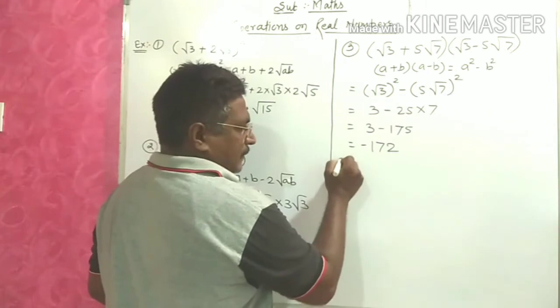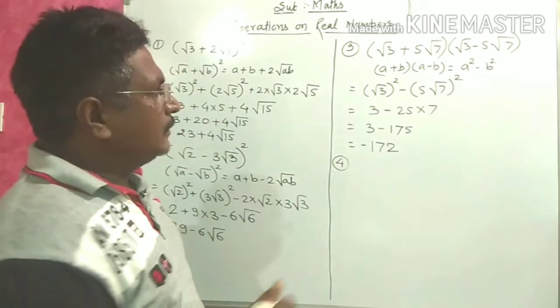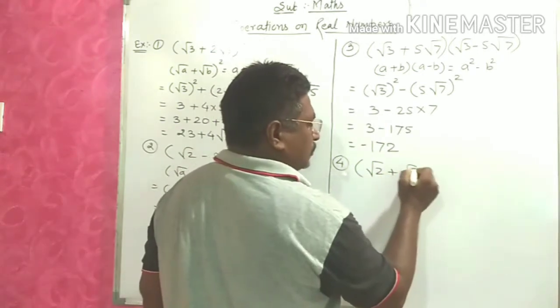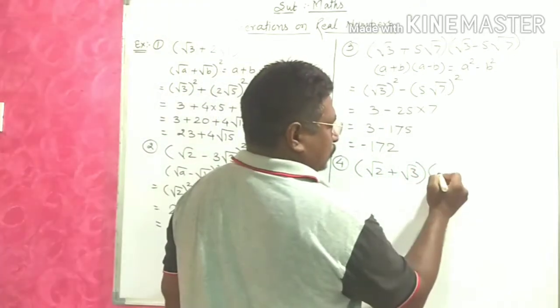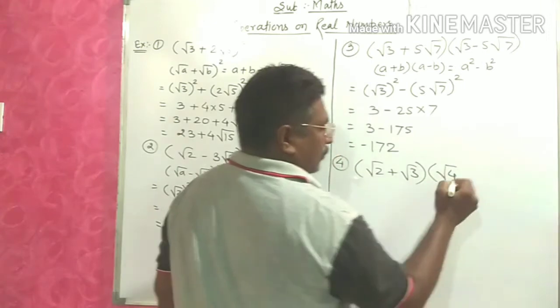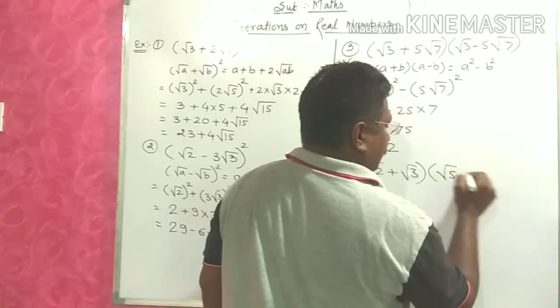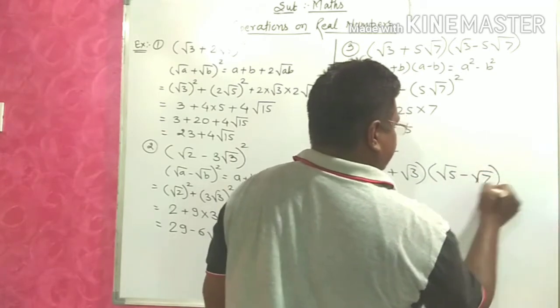Now fourth example. (Root 2 plus root 3) into (root 5 minus root 7).